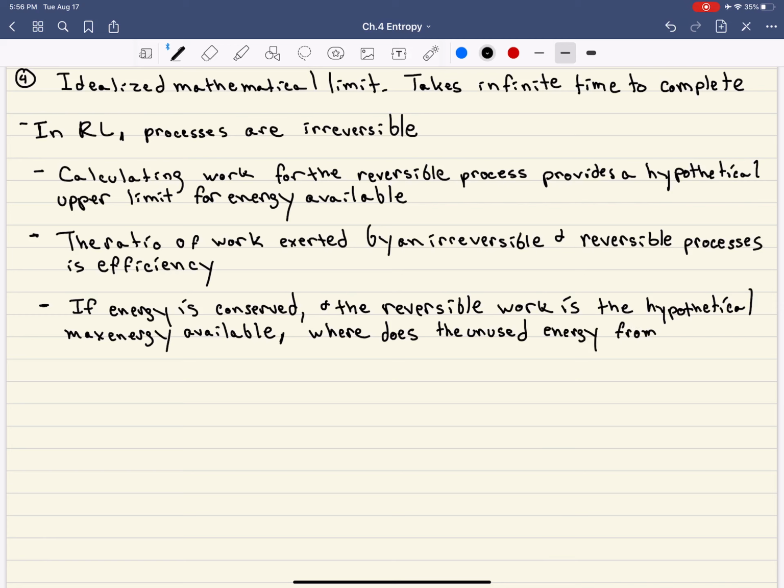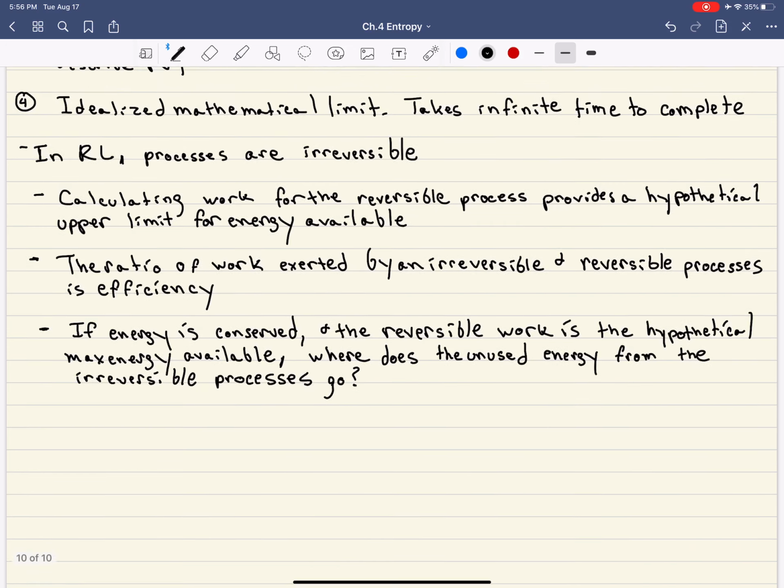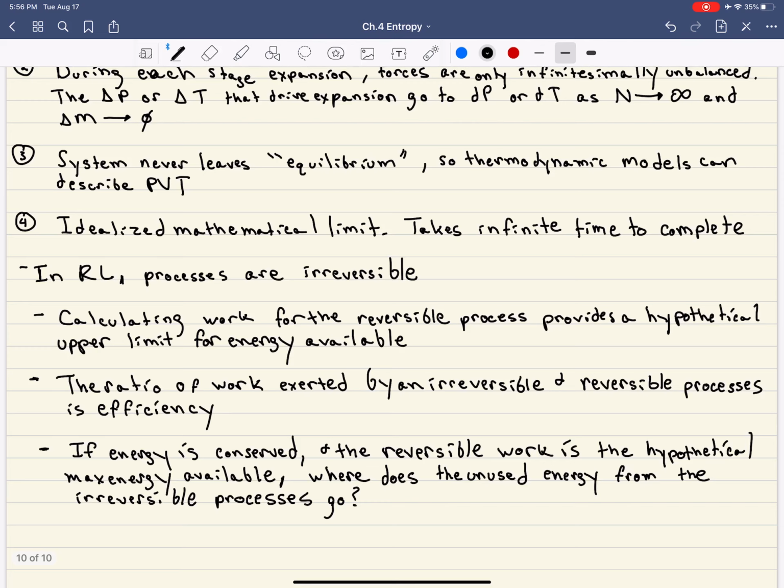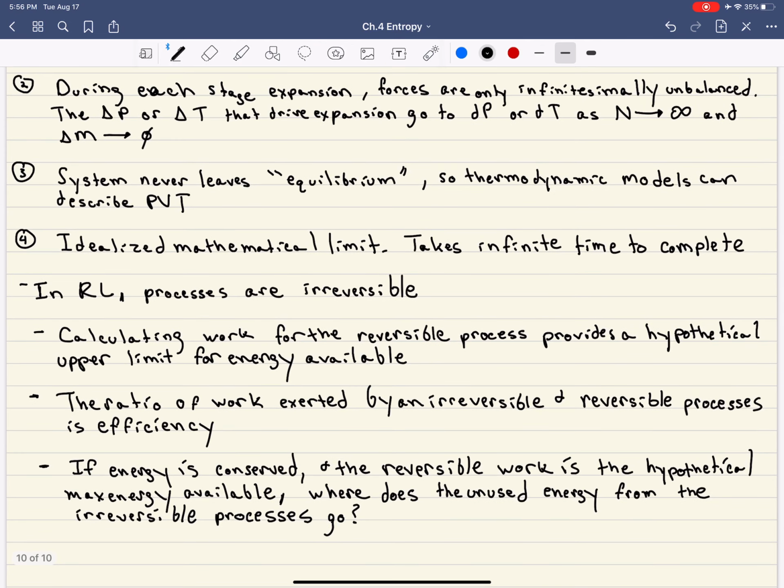So where does the unused energy from the irreversible processes go? Okay. All right, so that's what we need to think about now, right? If we're not using all the energy available in our system, what's happening to it?